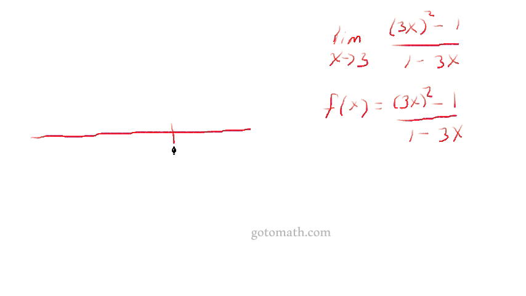I'm going to put a 3 right here, and we're coming in from the left, so we subtract off just a little bit, say 0.1, and that gives us 2.9, something like that. We pick a point right here, plug it into the function, and look at its y value. This is of course where it's approaching.